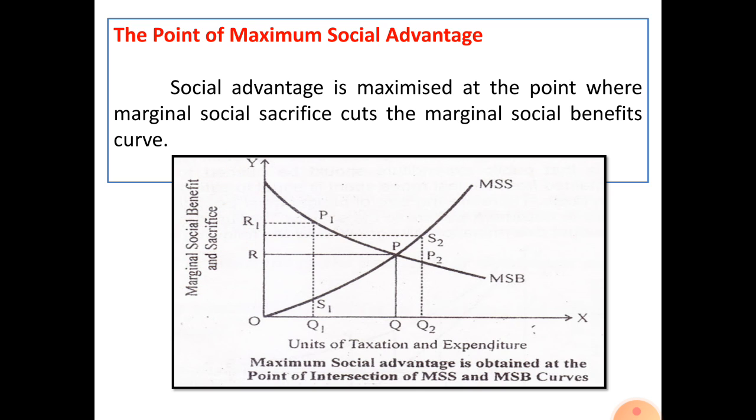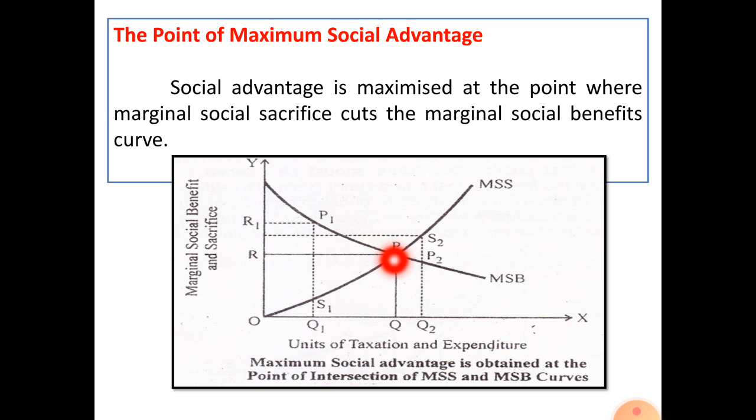Marginal social benefit we have already discussed, and this is marginal social sacrifice. This one is OQ and OR1, the marginal social benefit, and this one is OQ2, the marginal social sacrifice S2.